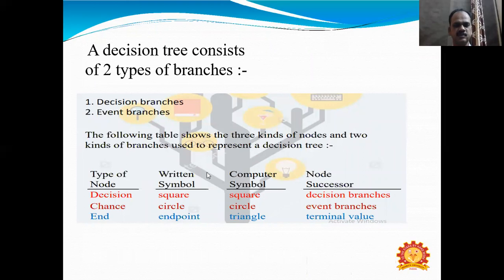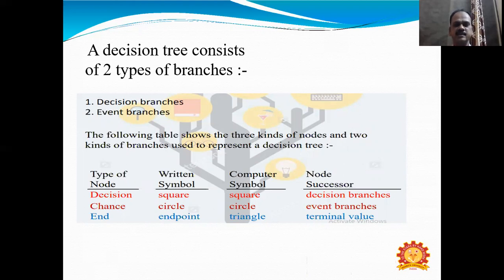So look at this table. This is a very important table.